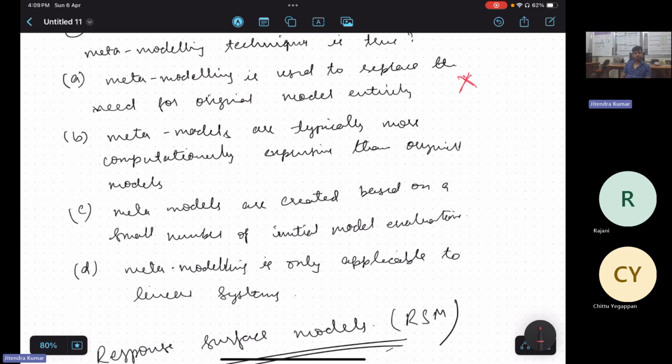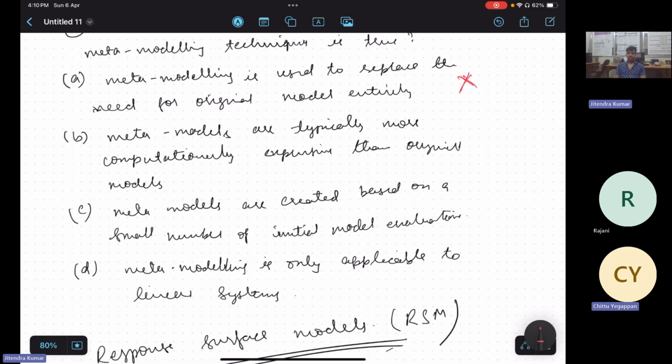Now I hope you got the point, right? Yes, sir. Kitu, you got this? Yes, sir. So what do you think? It is correct or wrong? Actually, meta model takes less time. Exactly. In the beginning only, I told you the entire purpose of meta modeling is to reduce computational effort, right?